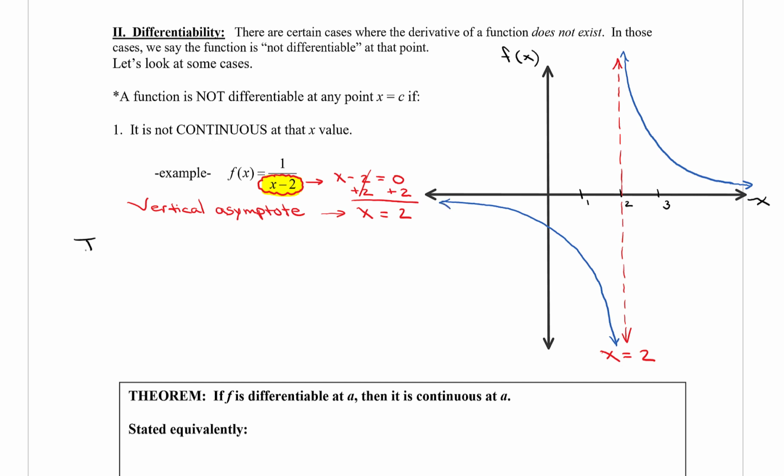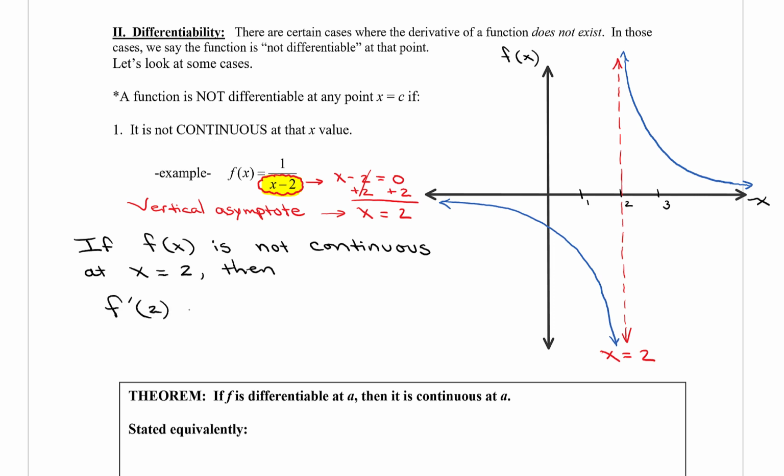So if f of x is not continuous at x equal to 2, then f prime of 2 does not exist. I'm going to box that in.